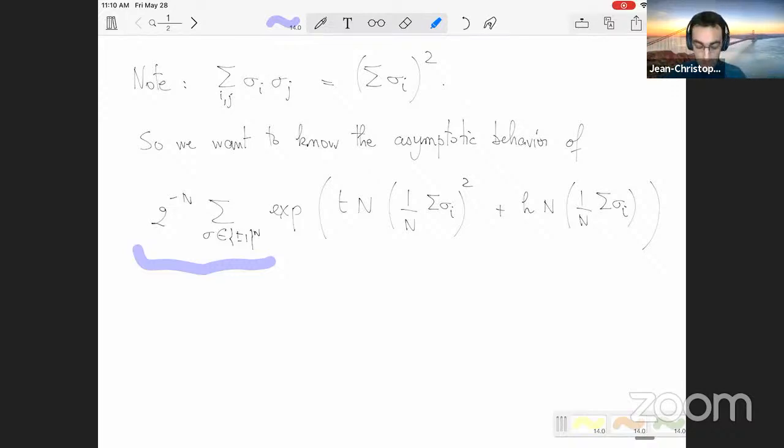The coordinates of sigma you can think of as independent and identically distributed Bernoulli random variables. And this quantity is precisely the quantity about which we derived large deviations two lectures ago. So if I ask myself, what's the probability that under this reference measure this quantity is near m? I know the answer to this question.